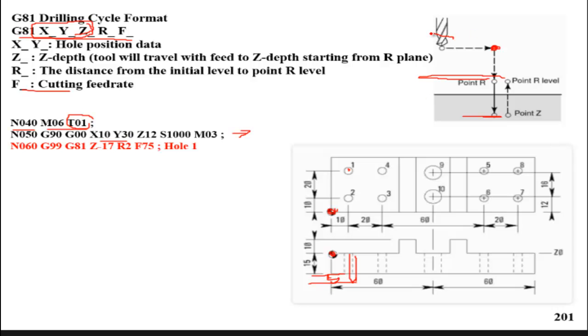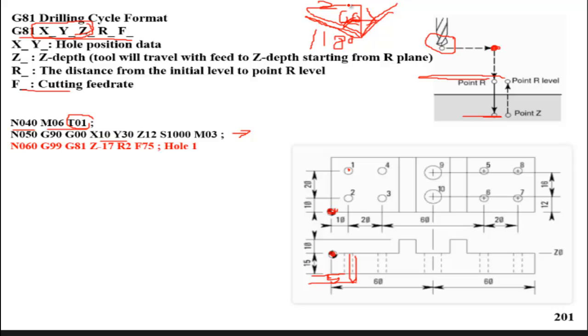Remember that this twist drill has this shape. This angle is almost 118 degrees. This is a standard tool point angle. It means that the half angle is almost 60 degrees. What does it mean? If that is 2, that will be 1.